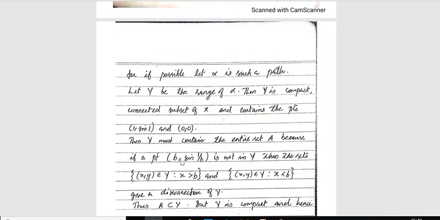Then Y should contain the entire set A, because if a point (b, sin 1/b) is not in Y, then the set of (x, y) belonging to Y such that x is greater than b, and the set of (x, y) belonging to Y such that x is less than b, will give a disconnection of Y. Then Y must contain the entire set A. If this is not true, then we can find a b that will separate Y. But you have seen that Y is compact and connected, so such a b is not possible.